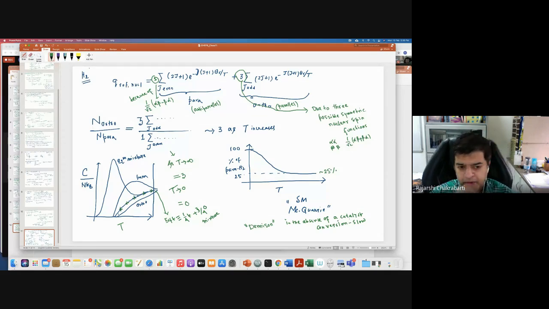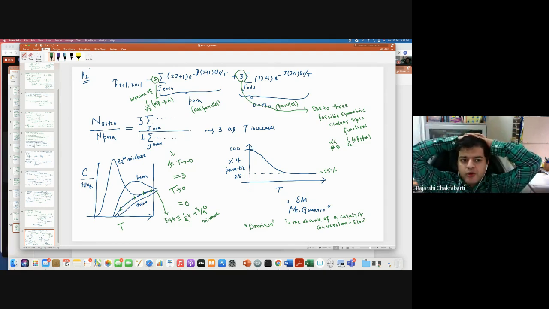So what is done in the experiment is that you do the experiment around room temperature, where you have this mixture of ortho and para, which is 1/4 and 3/4, because room temperature is high enough. Is this clear? And then you cool down this mixture. What do you expect?